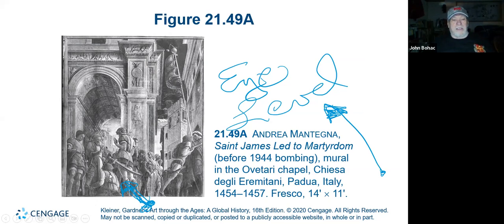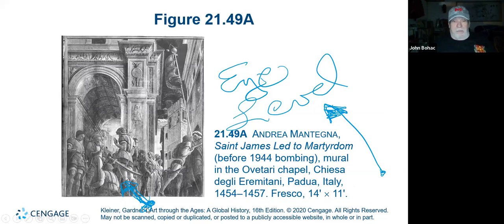But these are his executioners, and one of his executioners is kneeling down, begging for forgiveness. I have to kill you, but please forgive me. This is not right. The executioners are being led to kill St. James, who was a martyr.